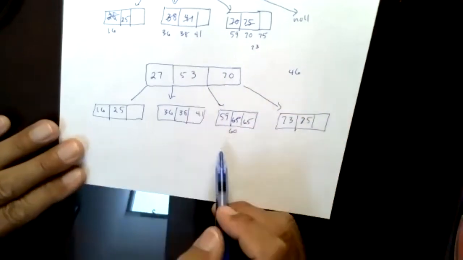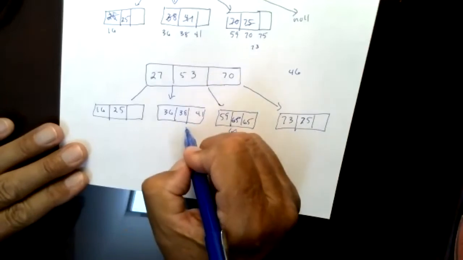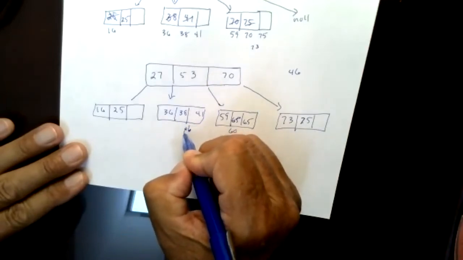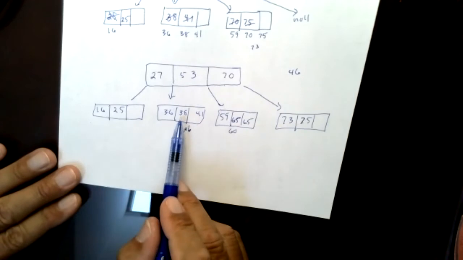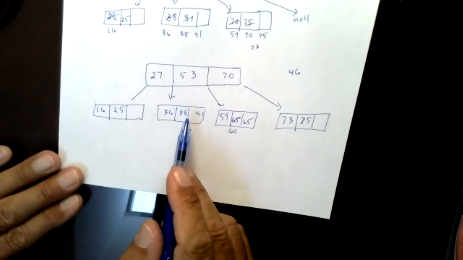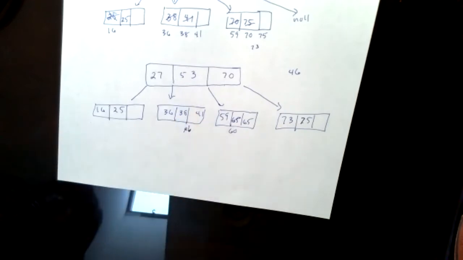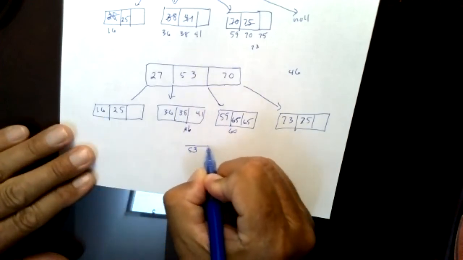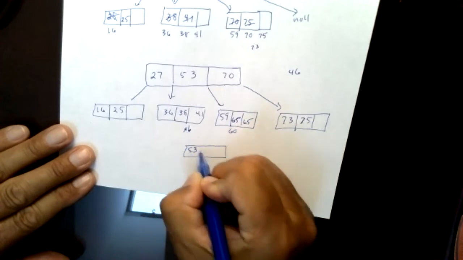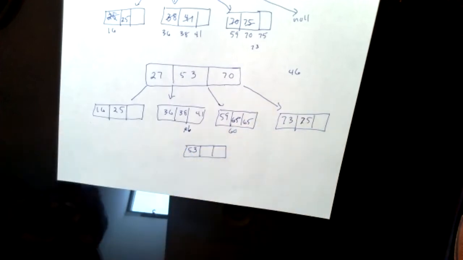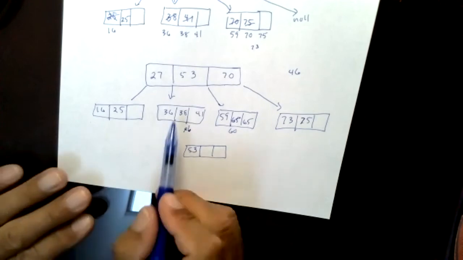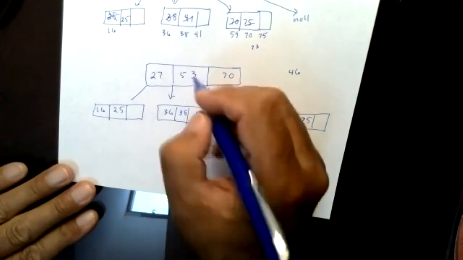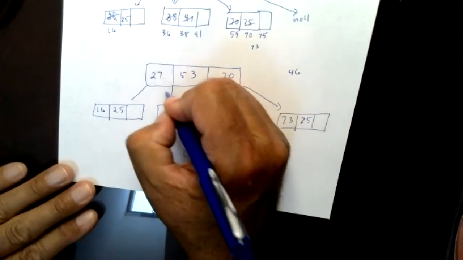I'm going to put in 46, which wants to go here, but it can't. Okay, so it sends 38 up. When 38 tries to go up, we have a problem. So now I'm going to have 53 by itself. What's to the left of 53? Well, 38 is trying to come up here.